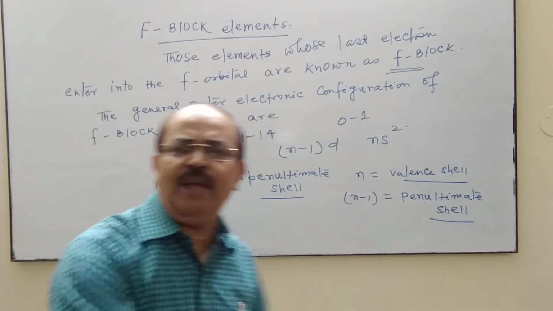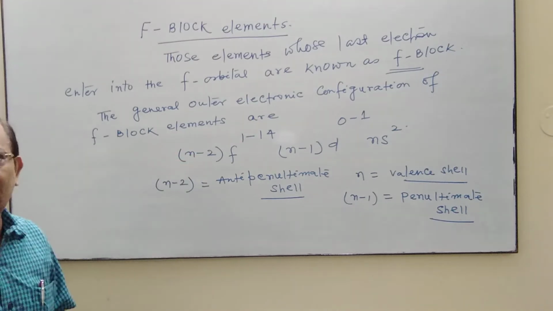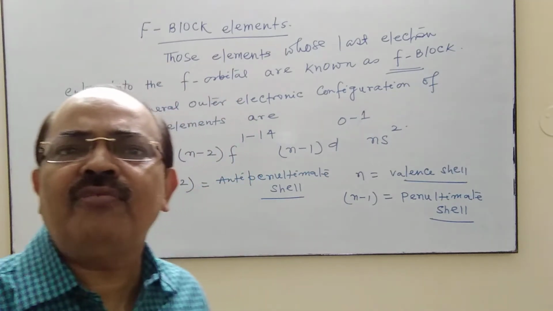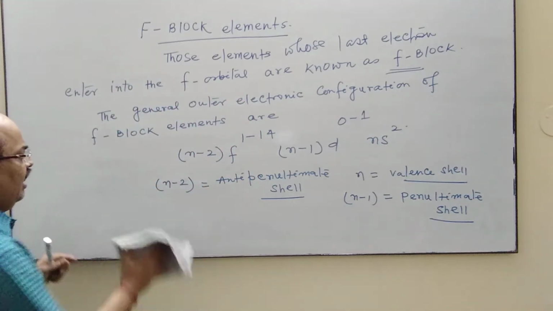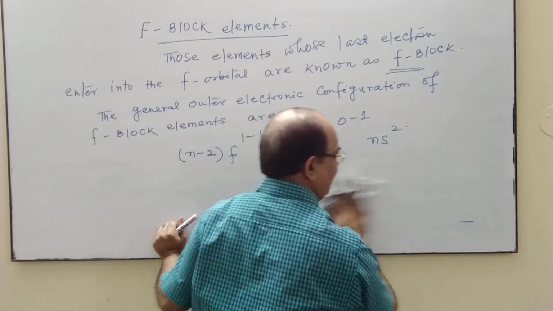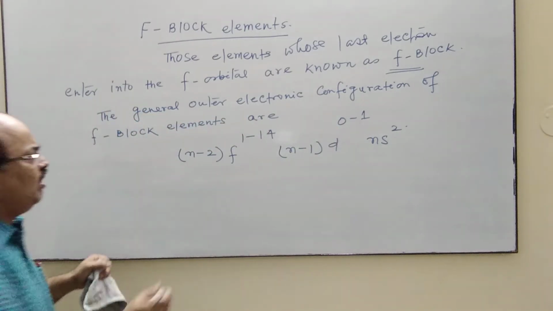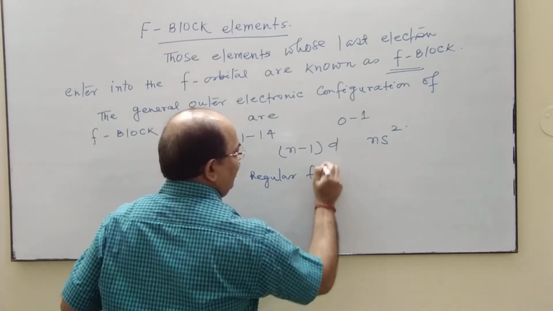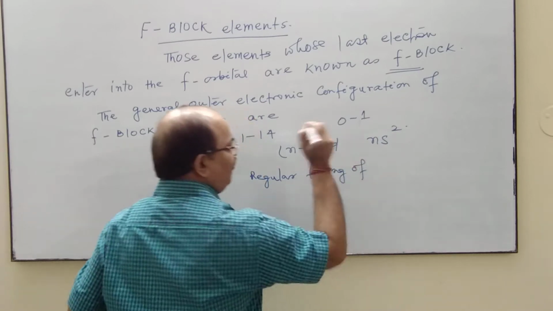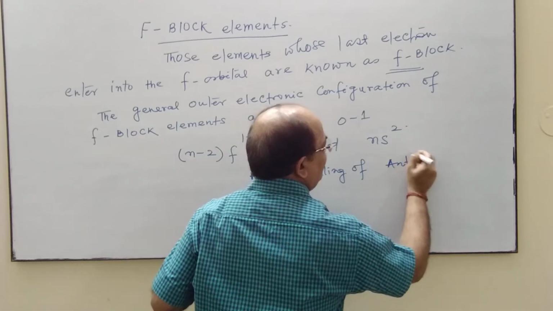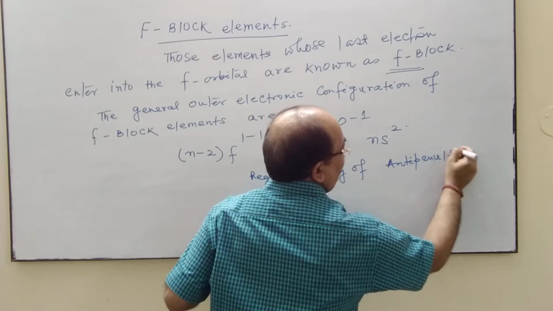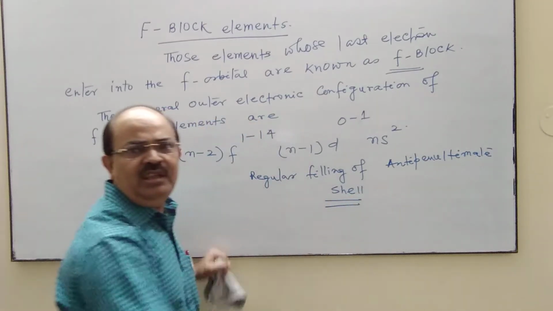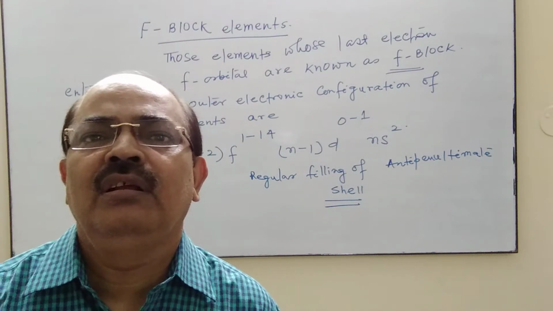So actually what happens in case of f block elements? In case of f block elements, there is regular filling of the anti-penultimate shell.